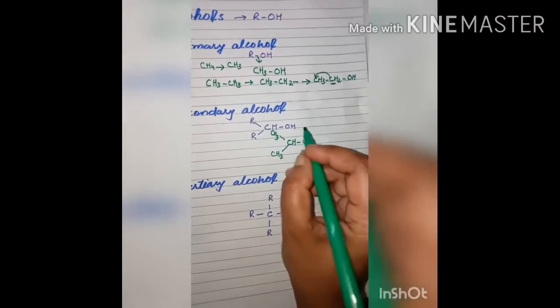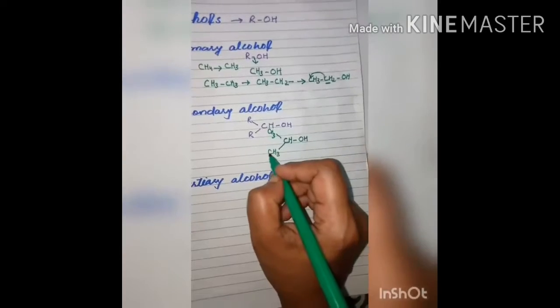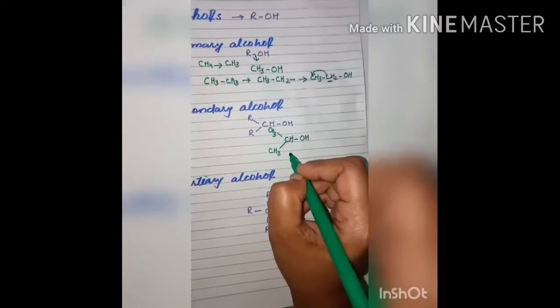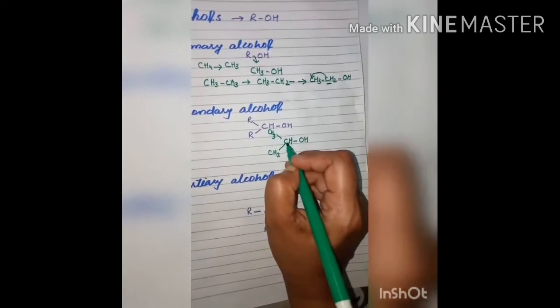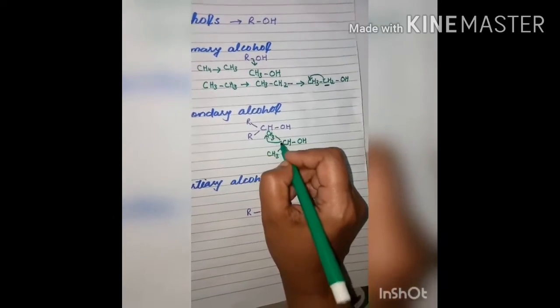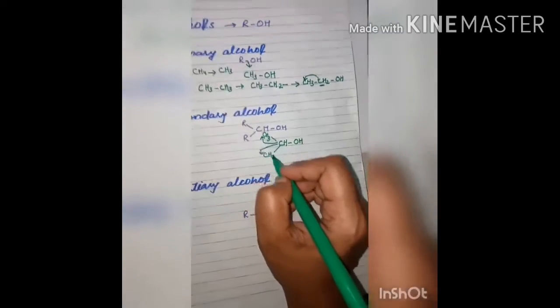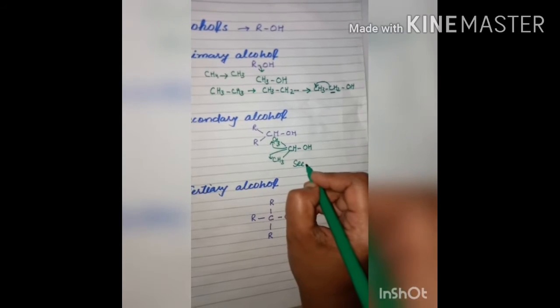Now this carbon atom from which hydrogen has been removed, this is the alkyl radical of propane, and this is propyl. Then this carbon atom from which hydrogen has been removed is attached to two other carbon atoms, so it is called secondary alcohol.